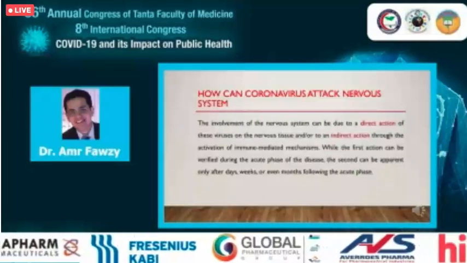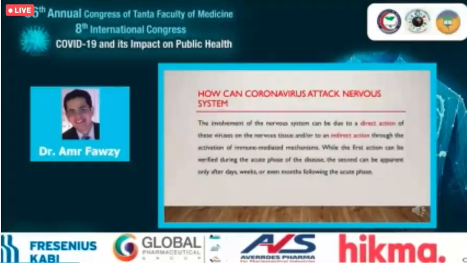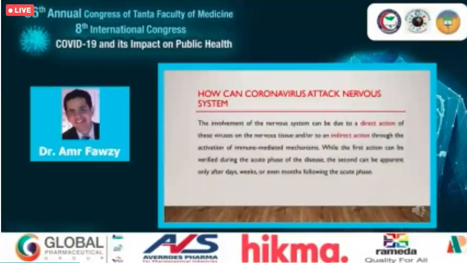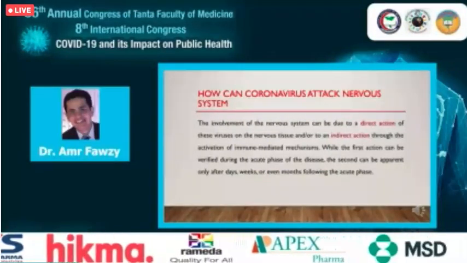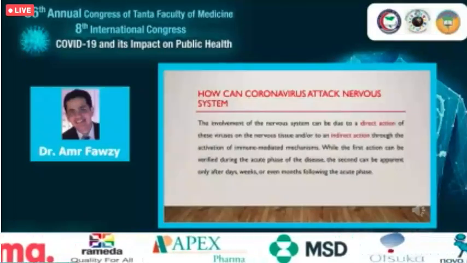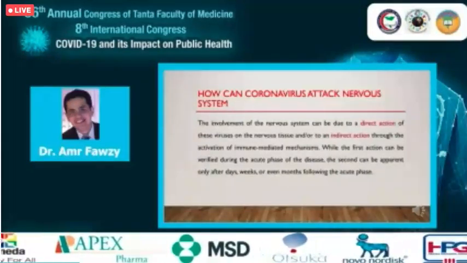While the first action can be verified during the acute phase of the disease, the second can be apparent only after days, weeks, or even months following the acute phase.